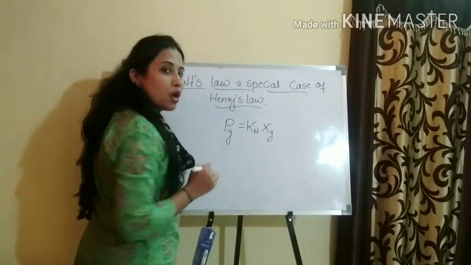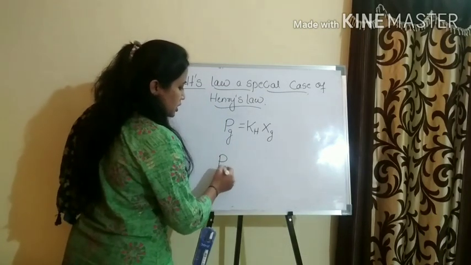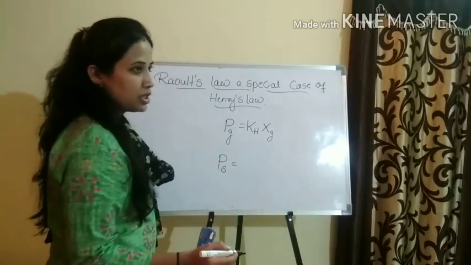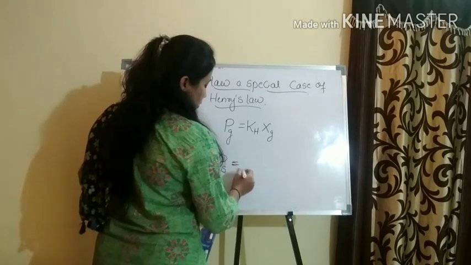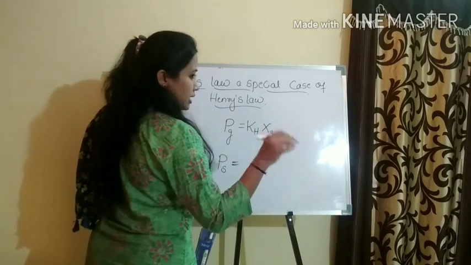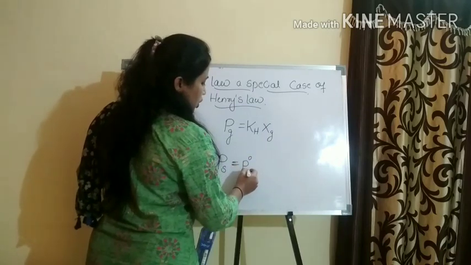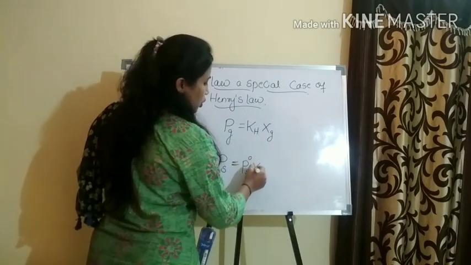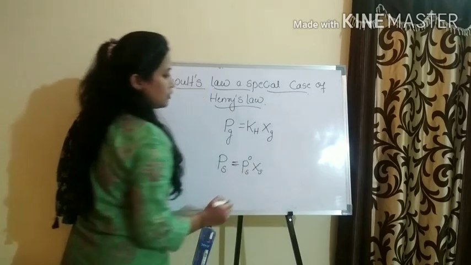Similarly, what does Raoult's law state? According to Raoult's law, the partial pressure of a component in a solution is directly proportional to the product of the vapor pressure of the pure component and the mole fraction of that component.